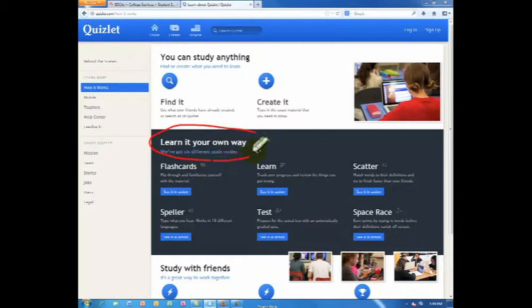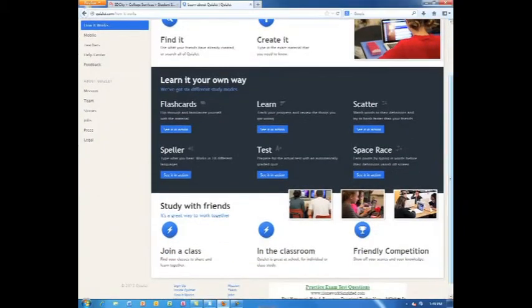You can learn your way by using any of 6 study modes, including flashcards, a learning tracker, a time scatter for word matching, speller, test, or space race for identifying words. Or you can study with friends.